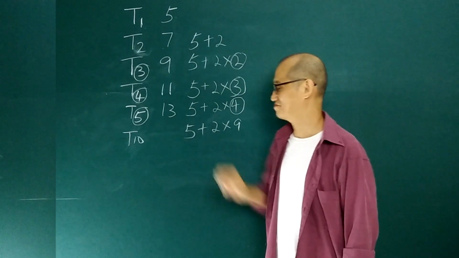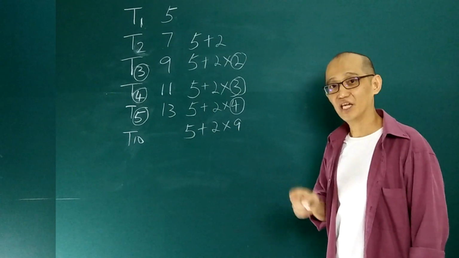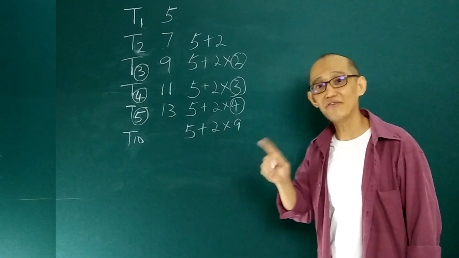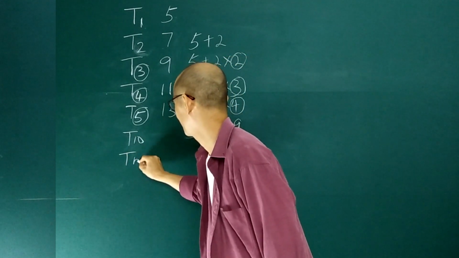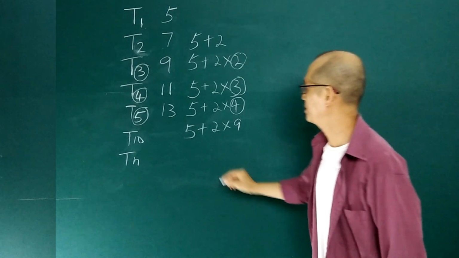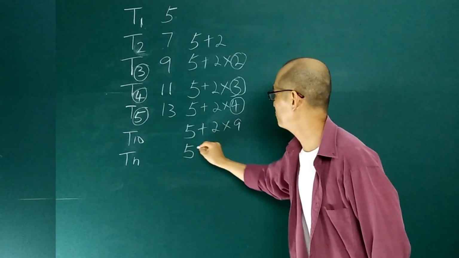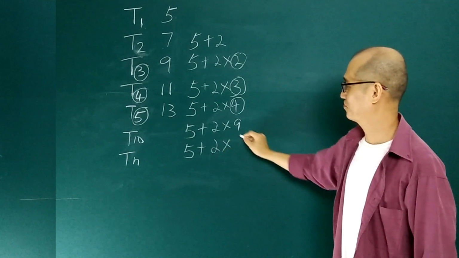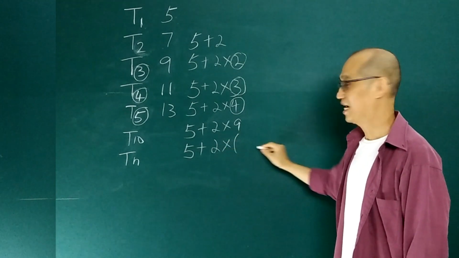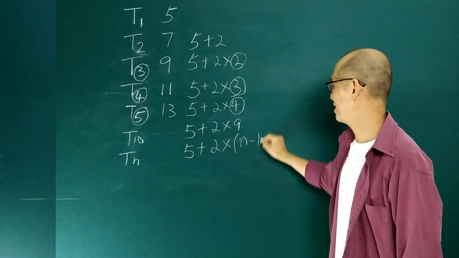1 less than 10. And if you want to find out the nth term, that is Tn, it's going to be 5 plus 2 times n minus 1.